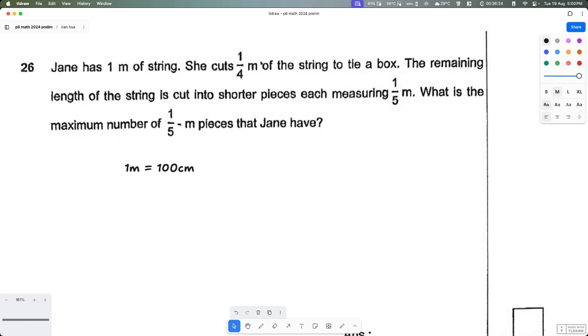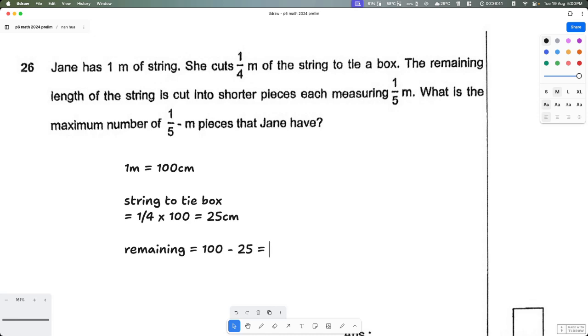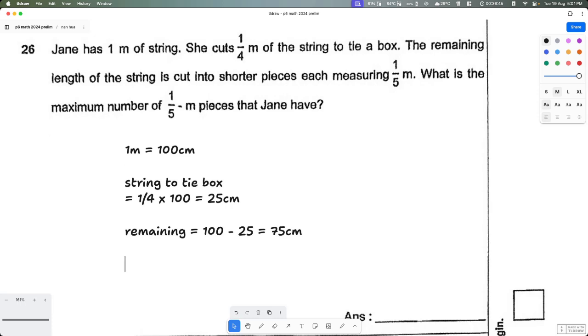So she cuts 1/4 of the meter of string to tie a box. So string to tie the box is equal to 1/4 times 100, which is equal to 25 centimeters. So remaining is equal to 100 minus 25, which is equal to 75 centimeters. So the shorter 1/5 meter is equal to 1/5 times 100, which is 20 centimeters.